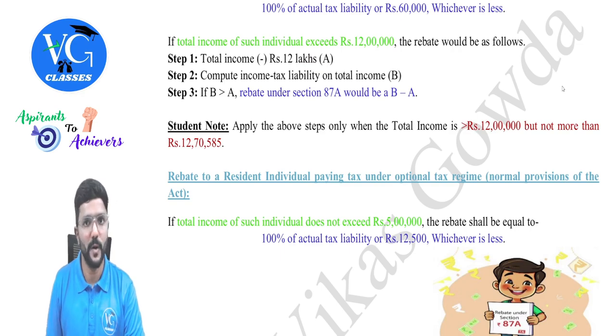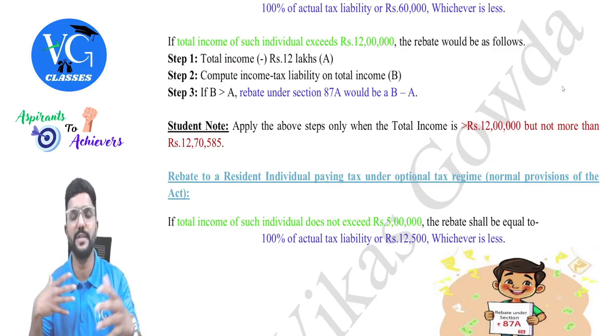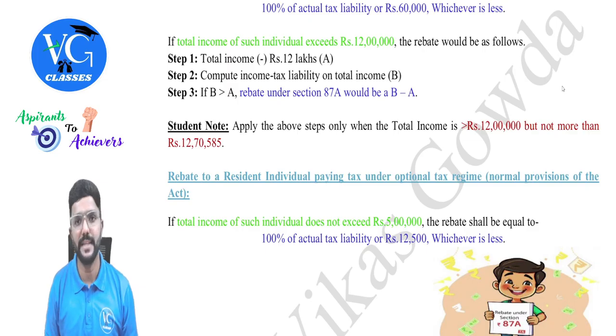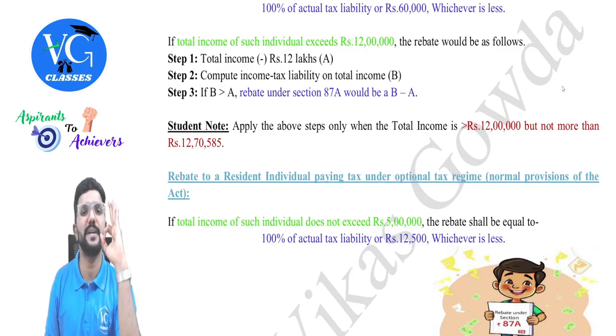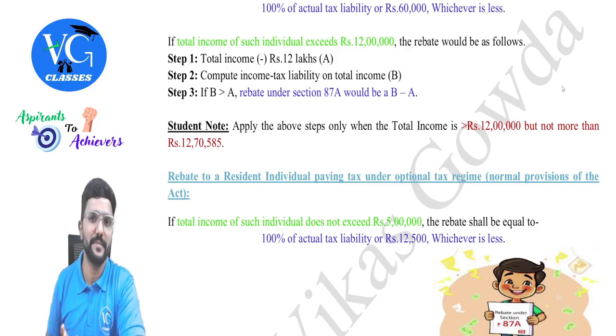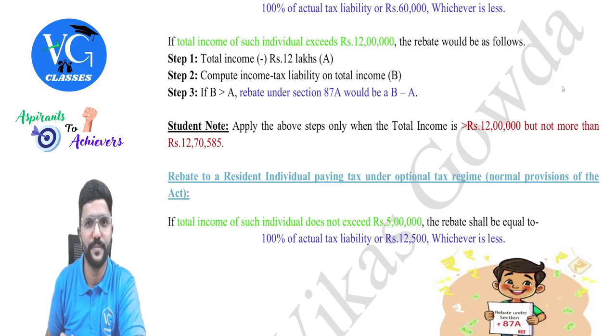I will give an example. Assume the total income of a resident individual following the default regime is 12 lakh 30,000. If his income was exactly 12 lakh, his tax liability would have been 0. Now, for just 30,000 increase in income over 12 lakh, his tax liability will be more. Assume it is 70,000.